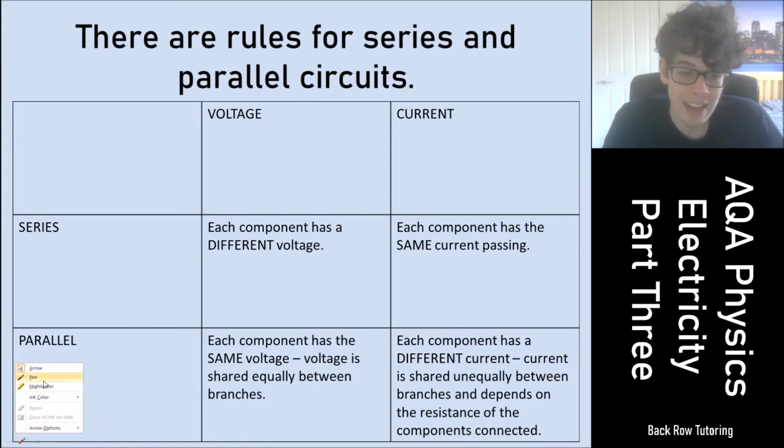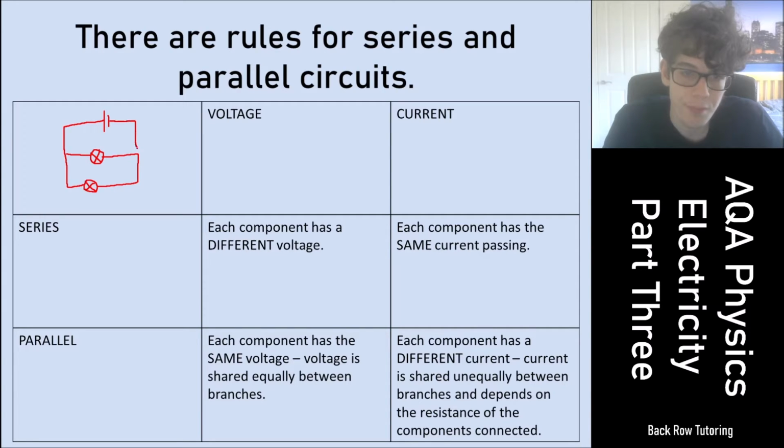So if you have a parallel circuit where you have a bulb here and you have another bulb here and you have a battery here, each component has the same voltage across it. That's because this battery here is providing a potential difference across these bulbs. So the current needs to flow from one side of the battery round to the other. So it doesn't matter which path it takes, it has the same potential difference because it's coming from the same battery.